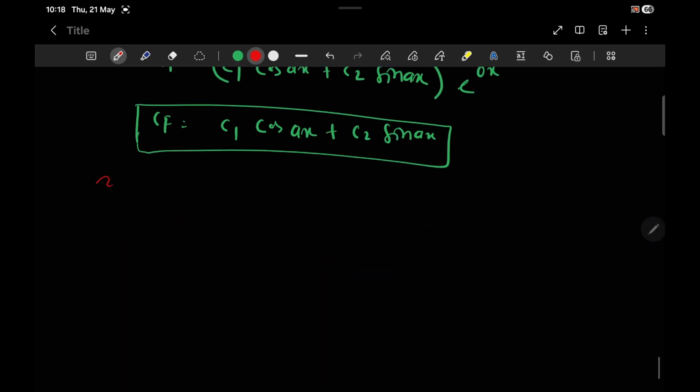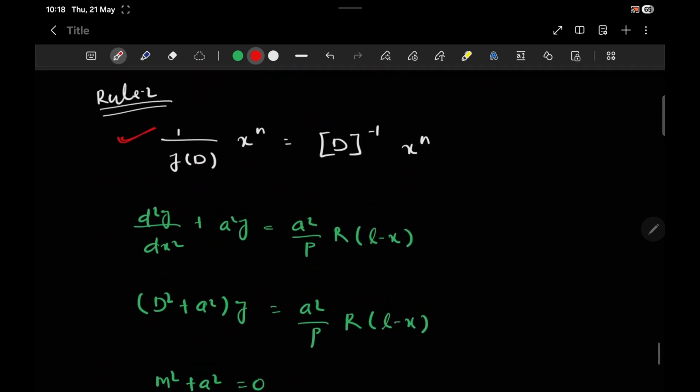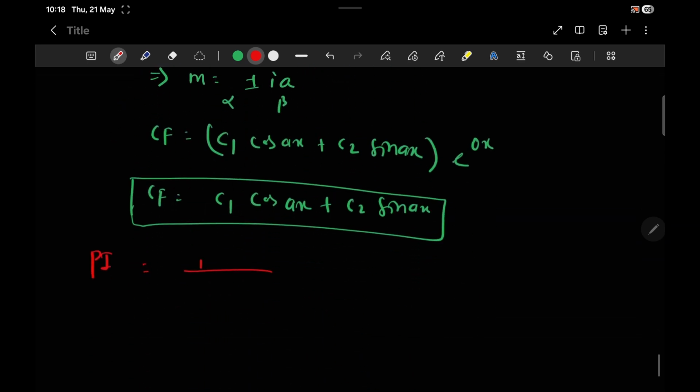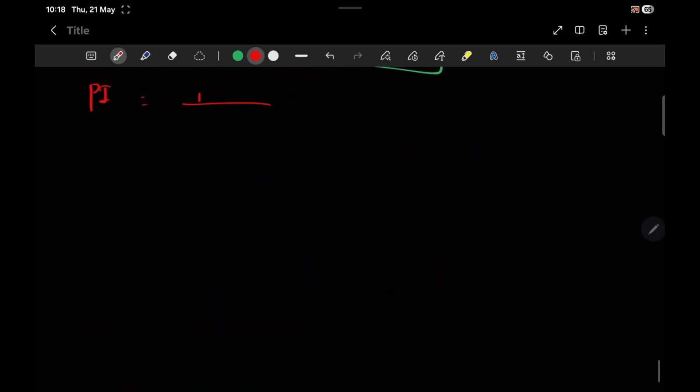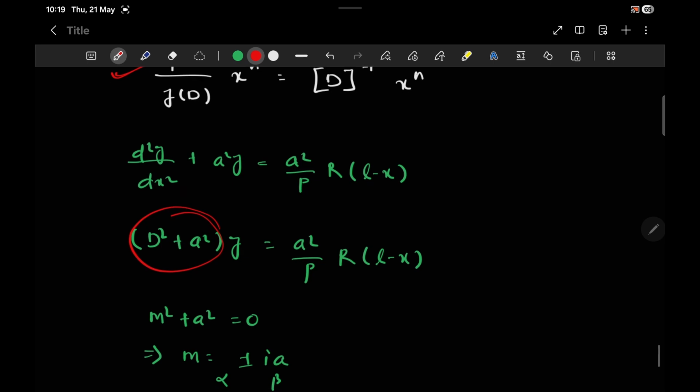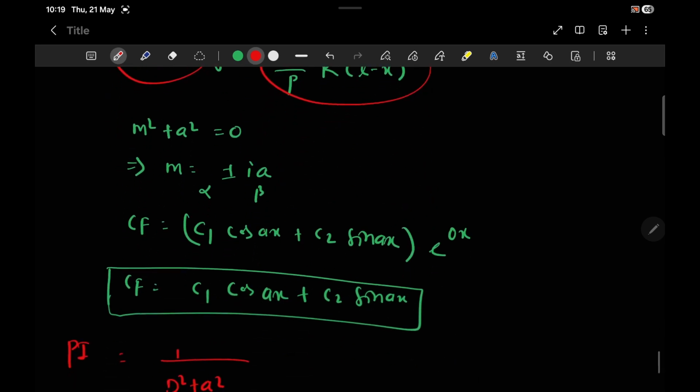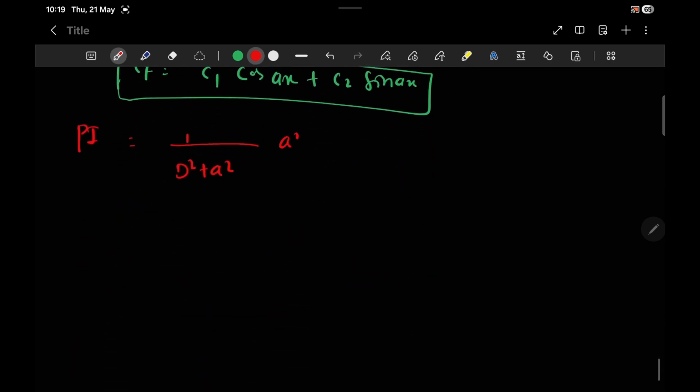Now for our particular integral, we have 1 by f of D. So f of D is here D square plus a square, so 1 by D square plus a square into a square by pr into L minus x.